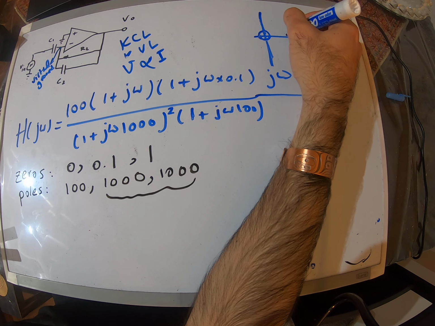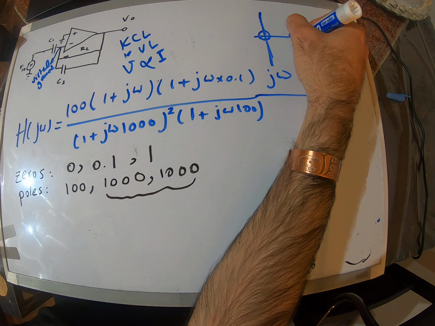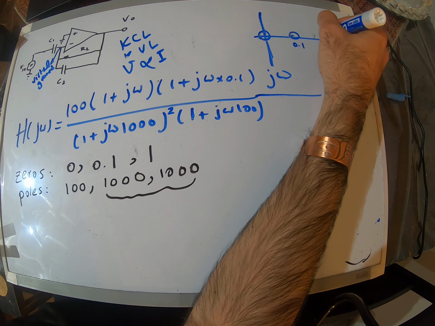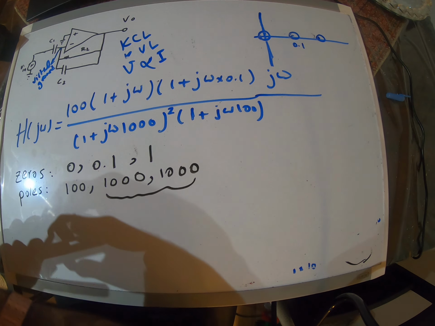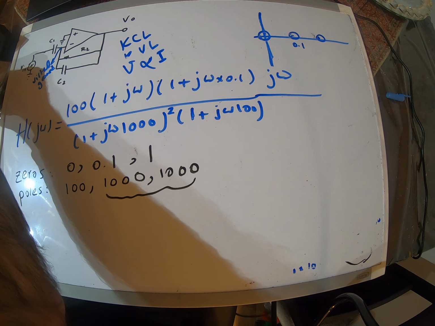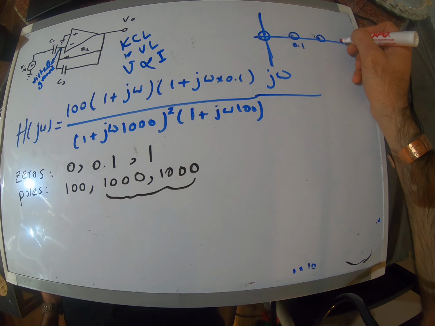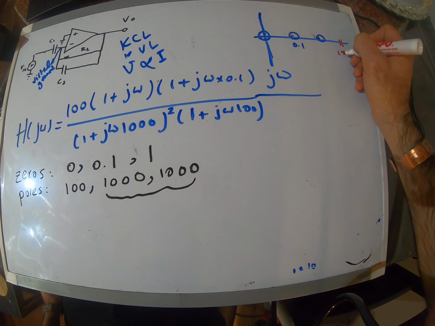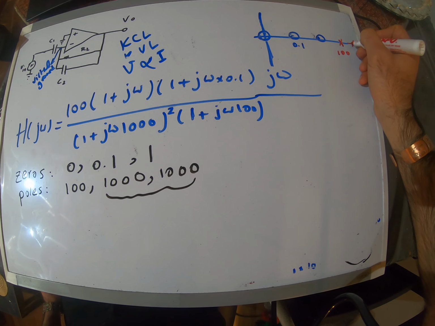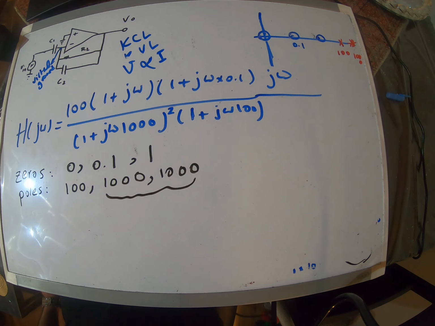Here at 0 we have a zero. At 0.1 we have a zero, at 1 we have a zero. This is not scaled properly, but 3 zeros here and a pole at 100 and 2 poles at 1000.